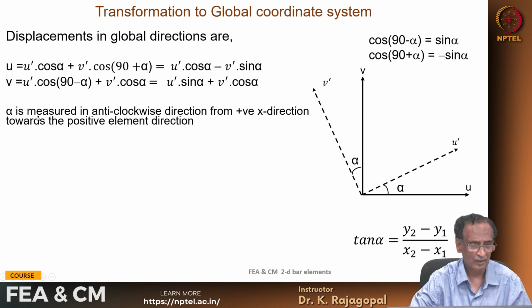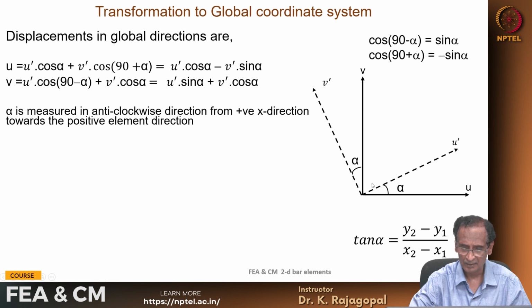Or in other words, we can define the global Cartesian displacements u and v in terms of u prime, v prime like this. u is u prime times cosine alpha plus v prime times cosine of 90 plus alpha.